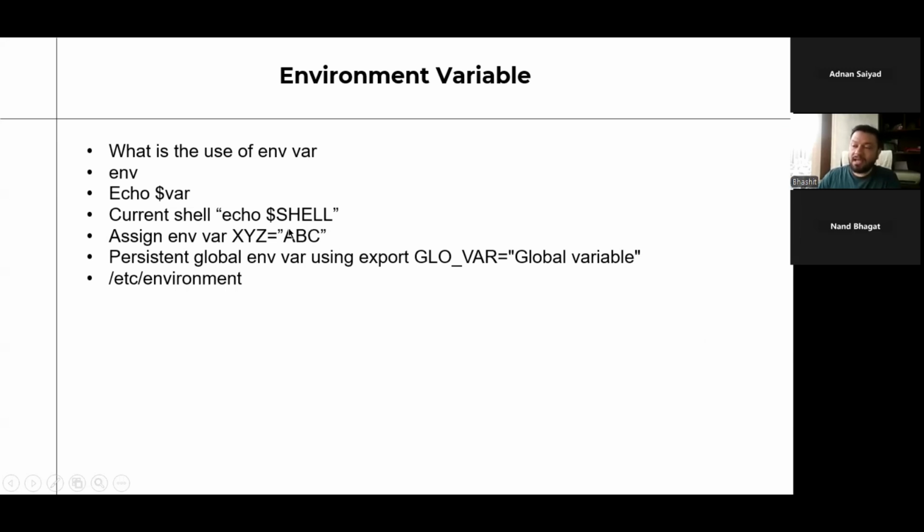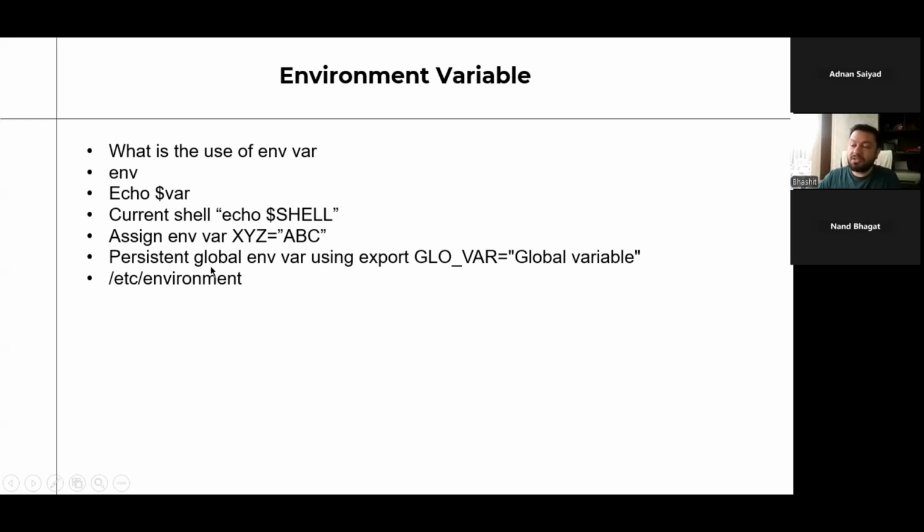Now, if you want to assign a variable, you can say var xyz is equal to abc. So if you type this, xyz will be your variable and abc will be the value. If you echo $xyz, you'll get to see abc as a result. This is the temporary one.